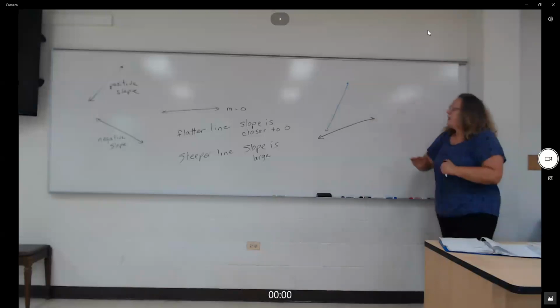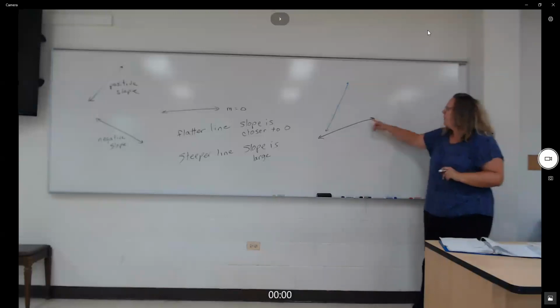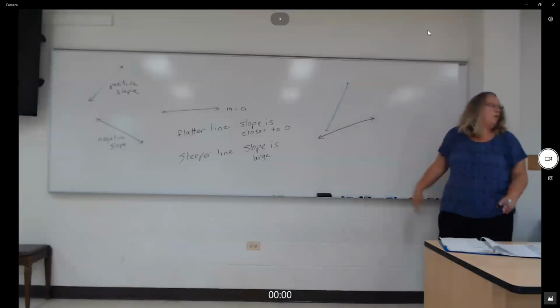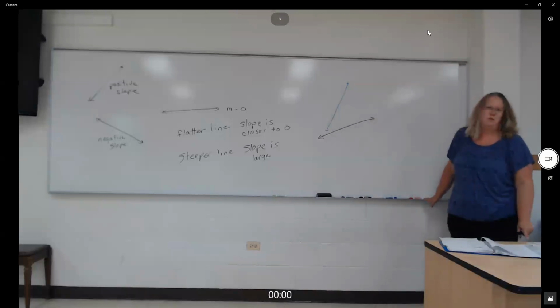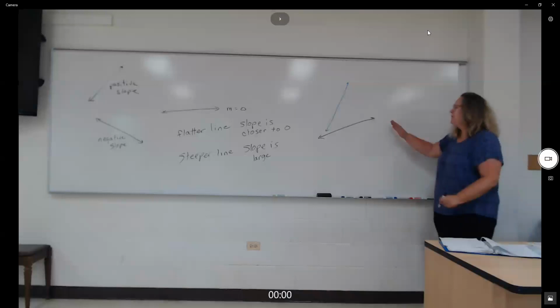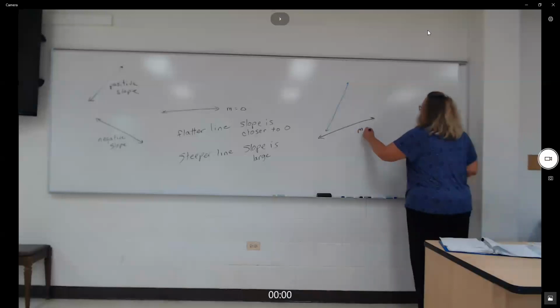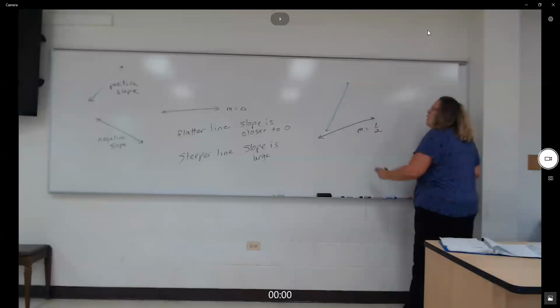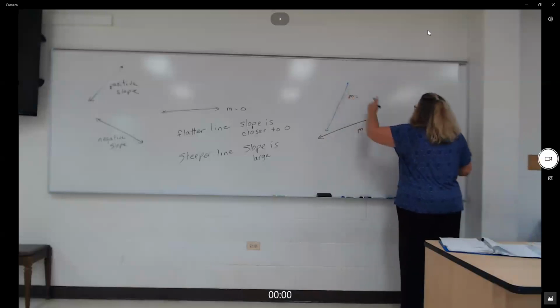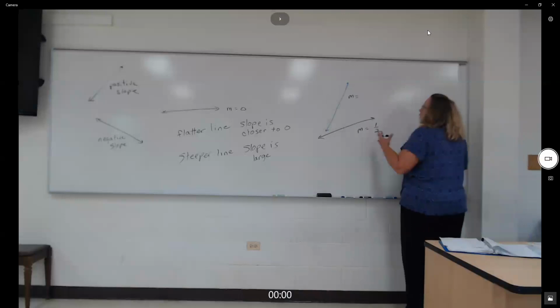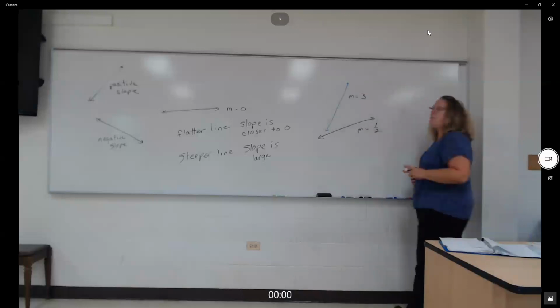Do we see how the black line has a flatter slope? And so it's closer to 0. We can just make some numbers up. This is just arbitrary, but let's say this is maybe like 1/2, where the blue line is a lot steeper. And so its slope may be 3, it may be 7, it may be 5.